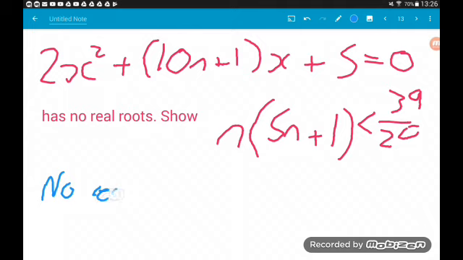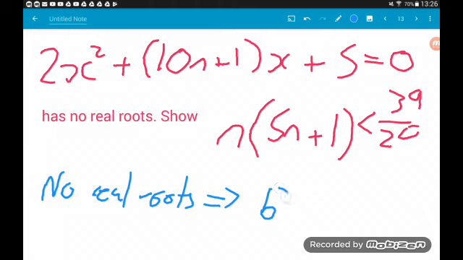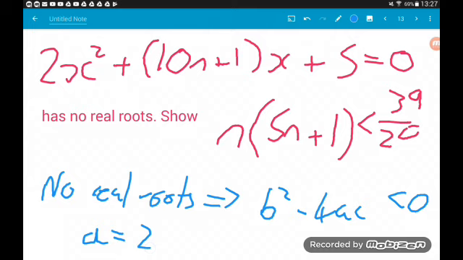So, first of all, we have no real roots. What does no real roots imply about the discriminant? No real roots means that b squared minus 4ac is less than 0. So, there's our inequality. That's a good start. Now we need to plug in values that we know. So, off we go then. A is 2. B is 10n plus 1.